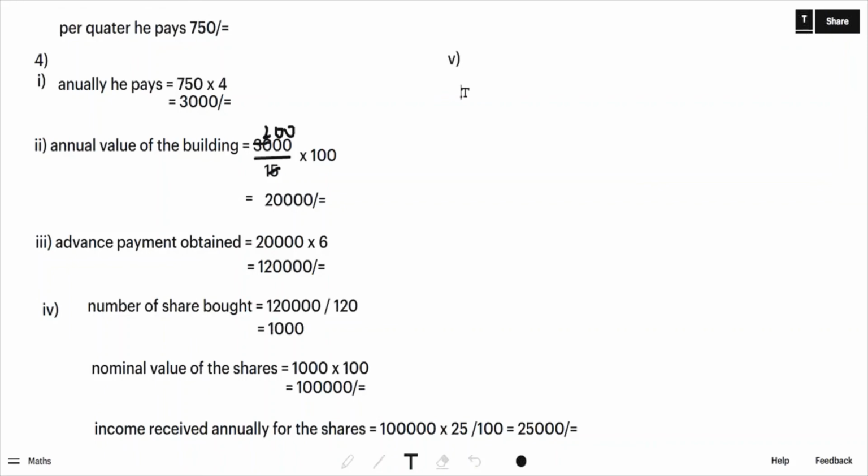First, let's find the annual income he gets from rent. That is, each month he gets 20,000 multiplied by 12 in order to get the annual income, which is 240,000.